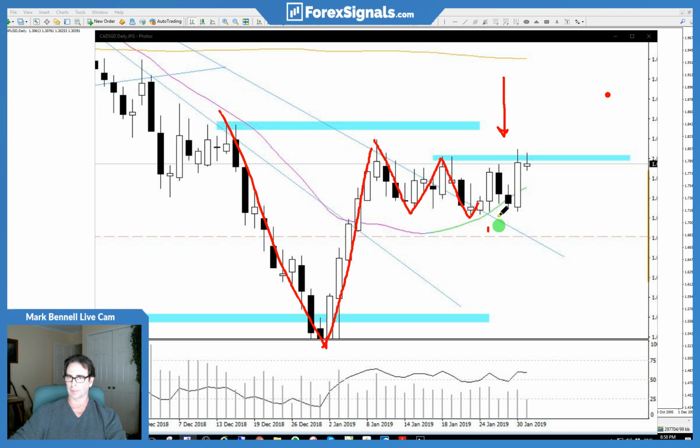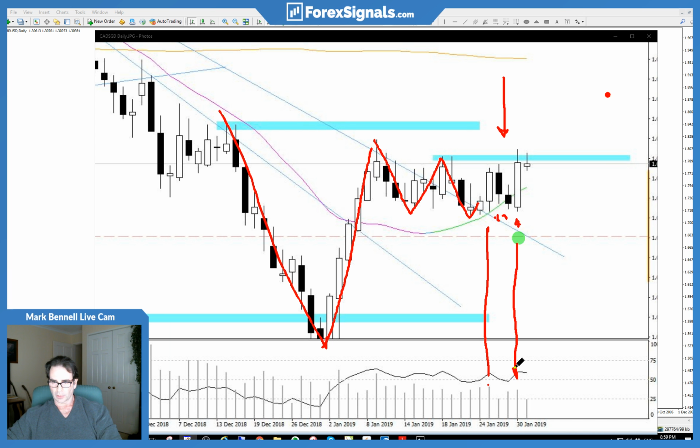So 1, 2, 3, 4. This is a 4 candle pattern, this one. Let's have a look at the volume. So there's the first one. Okay, very good. Yo-Yo says it dropped 70 pips from that candle. There we go. And there's the last candle.